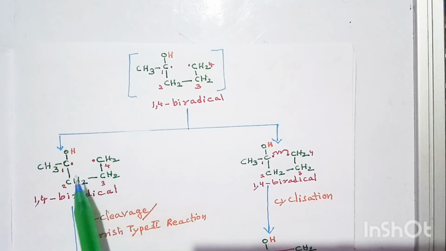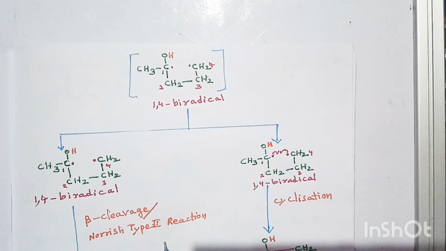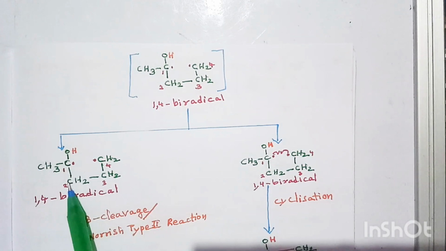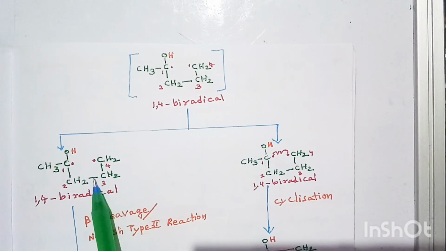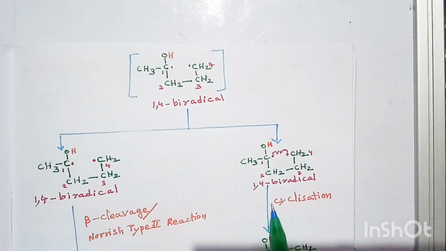One is beta cleavage, that is Norrish type 2 reaction. Beta cleavage means the bond between alpha carbon and beta carbon undergoes cleavage to give us products. And second type of reaction is cyclization of 1,4 biradical. First let us see beta cleavage or Norrish type 2 reaction.